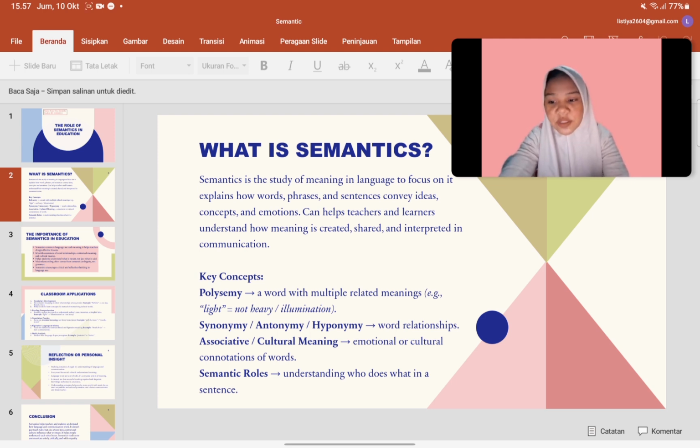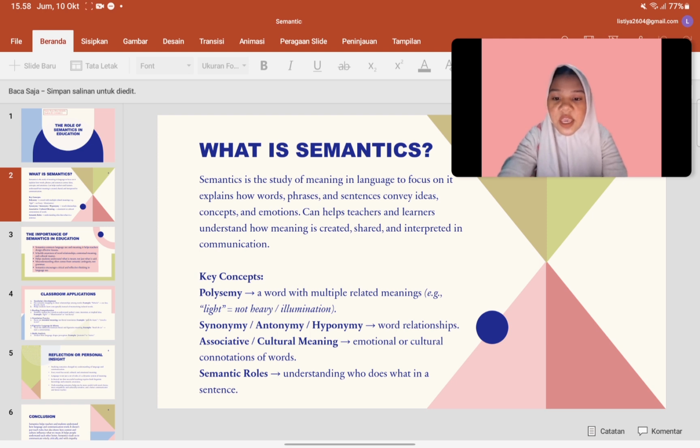For example, the word light can mean not heavy or illumination. This is called polysemy, when one word has several related meanings.